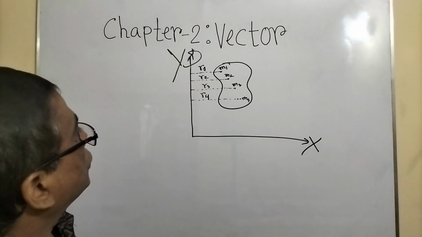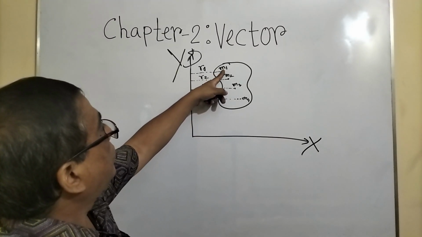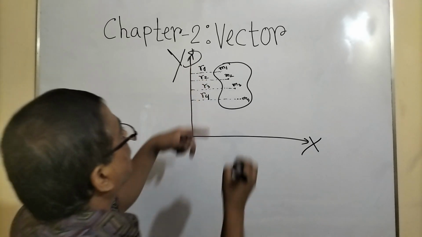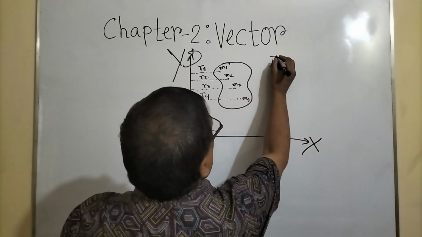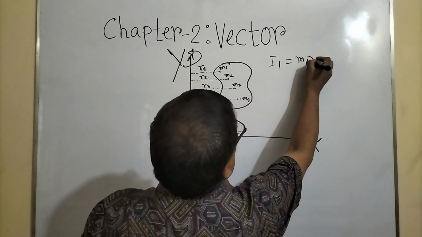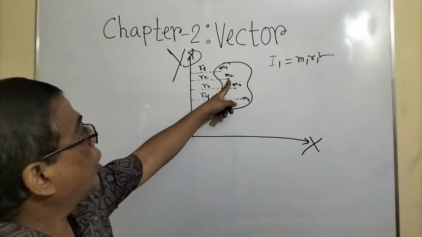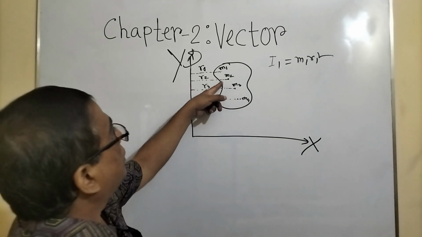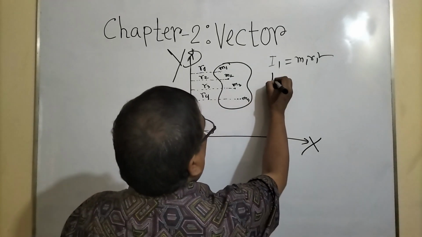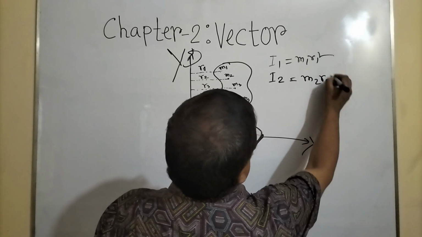then the moment of inertia of m1 particle is I1 equal to m1 r1 square. The moment of inertia of m2 particle is I2 equal to m2 r2 square.